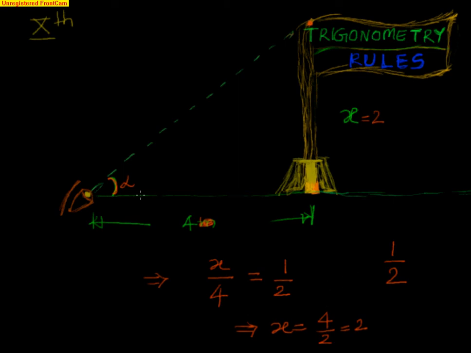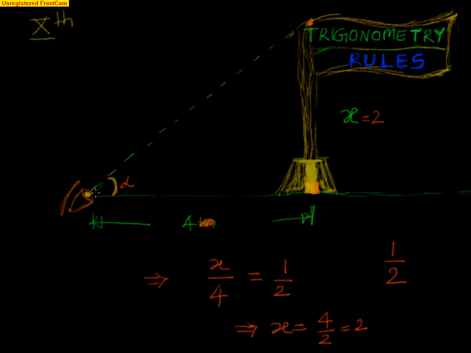Let me repeat what we are saying. You and your friend went to visit the Trigonometry monument. Just about to reach the Trigonometry historical monument, your friend said, by the way, is there any way I can find out the height of this Trigonometry tower without actually measuring it?